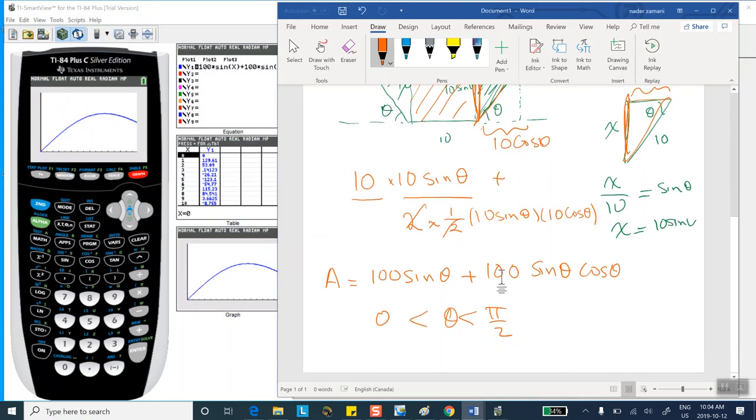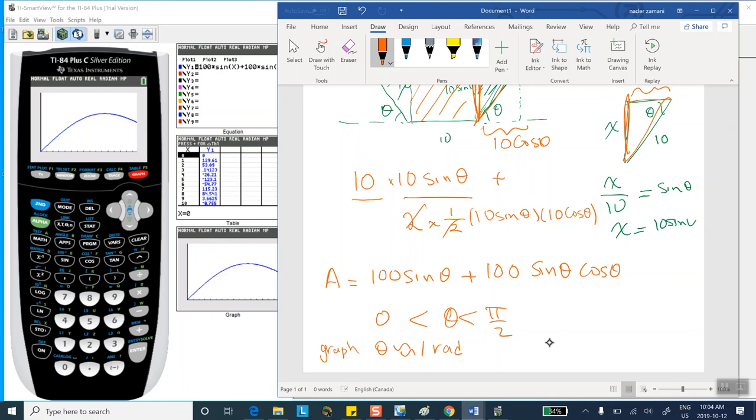So the answer here is, let me add some paper here. Okay. Based on graph, theta is approximately 1 radian.